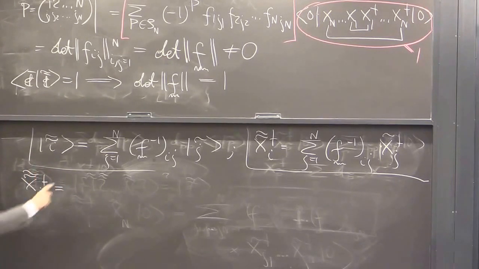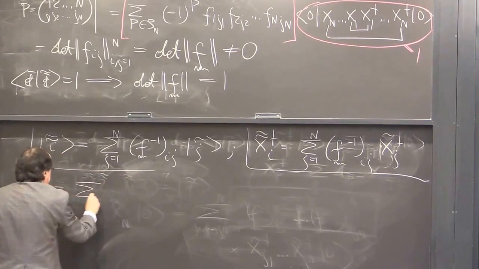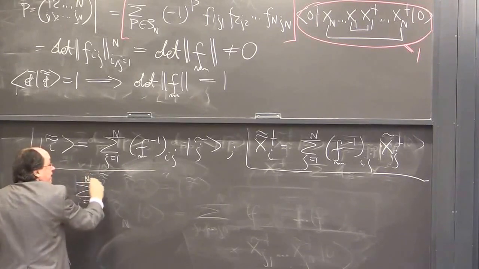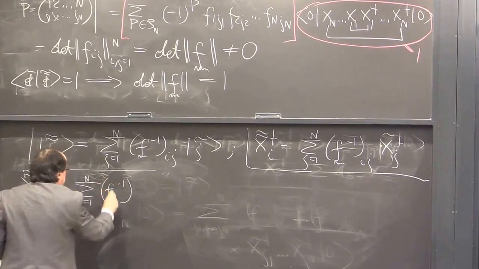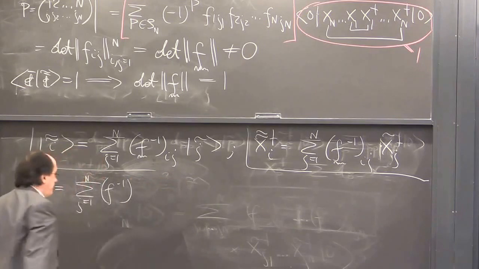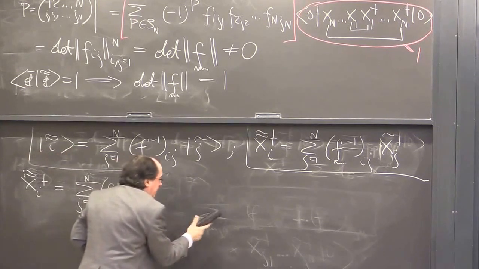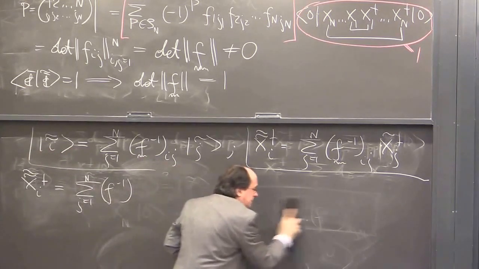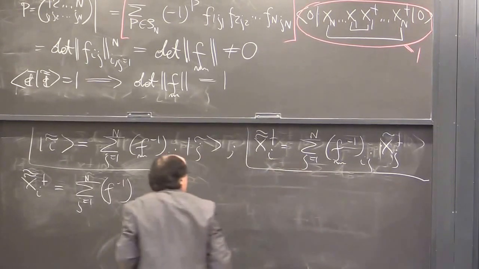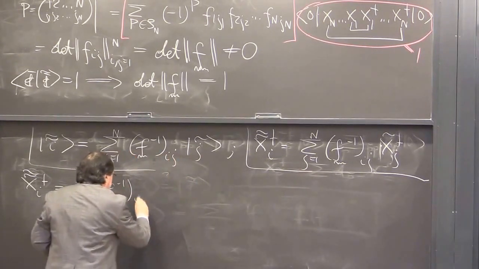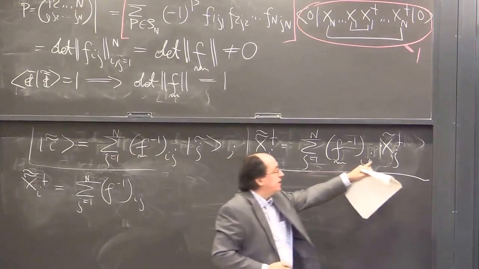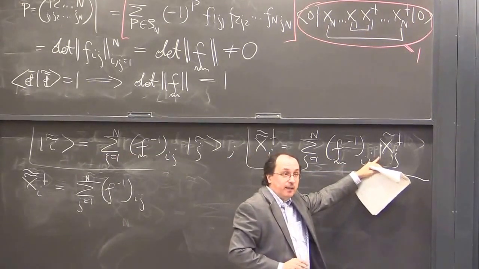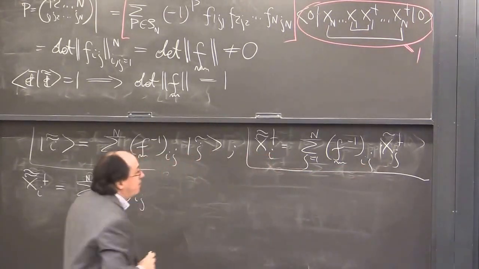Okay? So we have a formula here. It's a summation over j from 1 to n of f to the minus 1 i j, and then I have x j dagger tilde. I probably don't still have the formula.